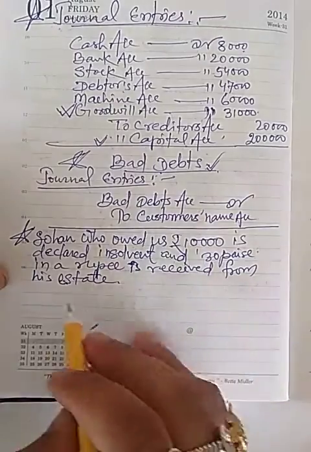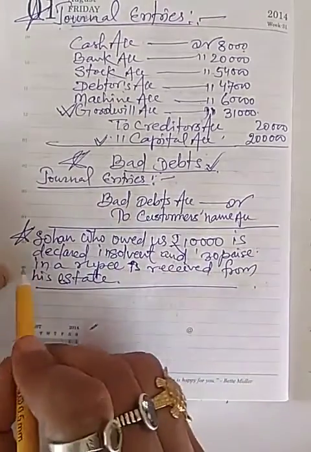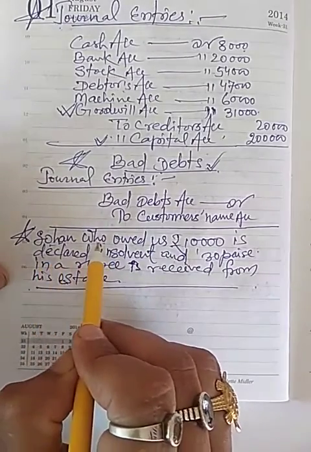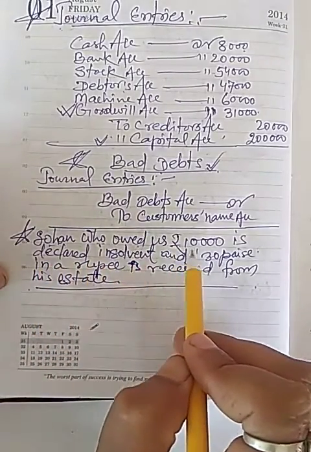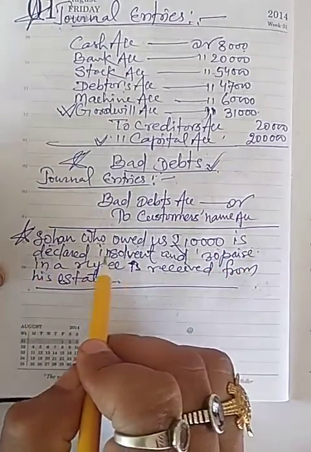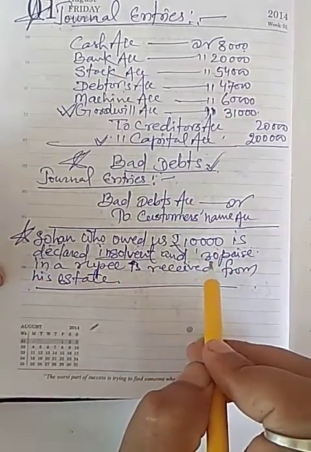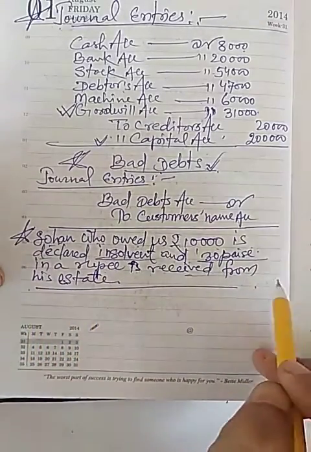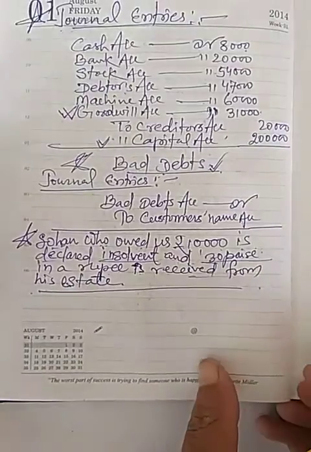Then journal entry will be, I repeat once again the question: Sohan, who owed us rupees 10,000, is declared insolvent, and 30 paise in a rupee is received from his estate.